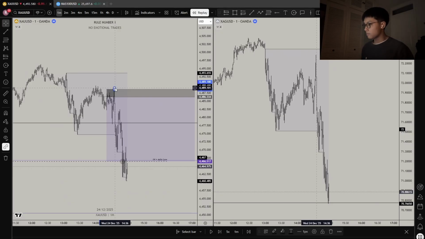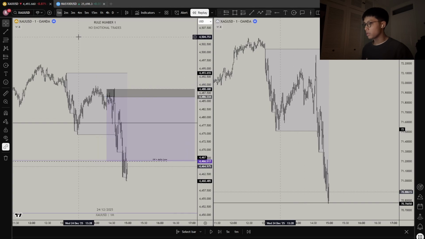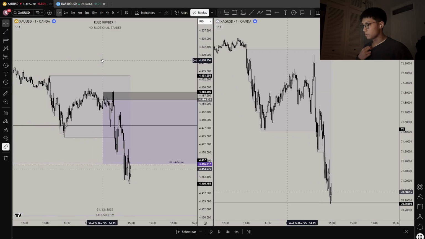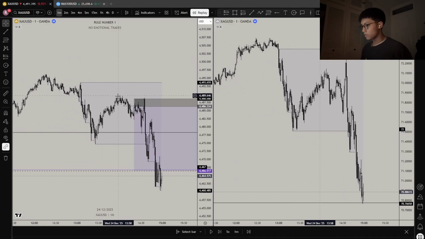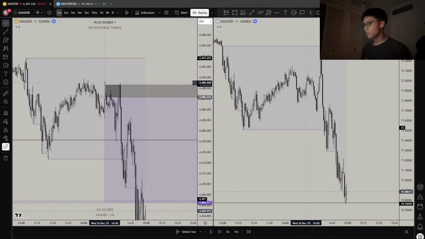I've learned a lot from this trade, and the reason I lost it was my stop loss was just way too tight. There are multiple reasons. First of all, there are equal highs here, and one of my entry models is this 5-minute fair value gap that we respected, but my stop loss should have been at this high.